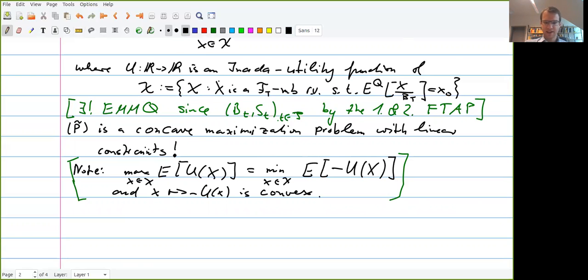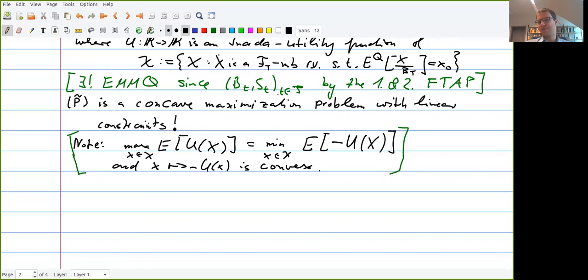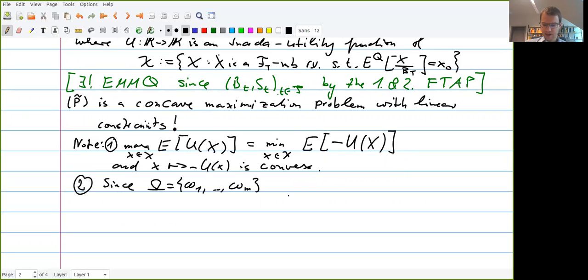And now, this second observation, and this is one we have used already several times, is, well, since we have a finite market, so we have a finite underlying probability space, we can again use our nice trick to identify random variables with vectors in Rm.